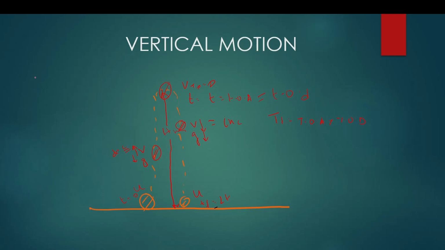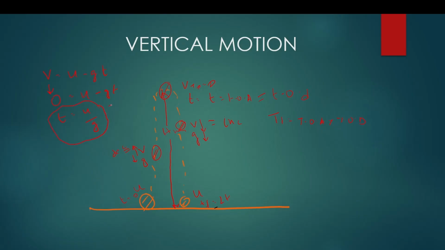We already know the equation v equals u minus gt, as gravitation is acting upon it. Here v top is equal to 0, and the initial velocity is u, so 0 equals u minus gt. So the time of ascent equals u upon g.